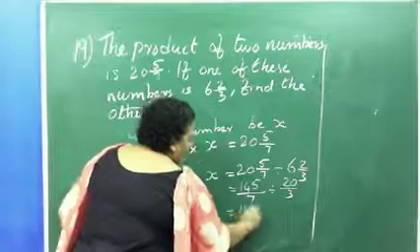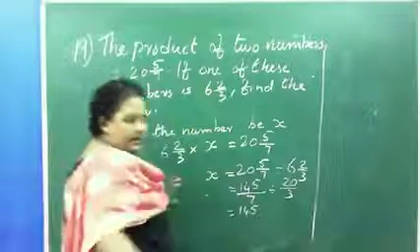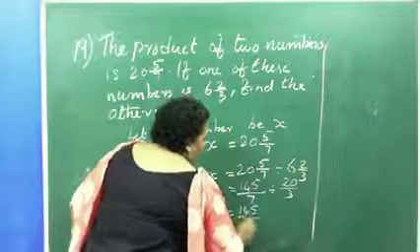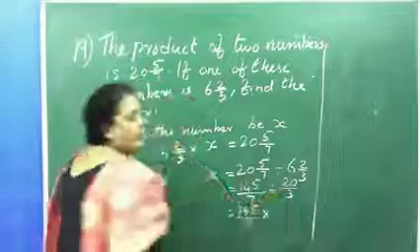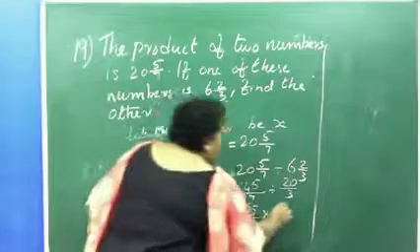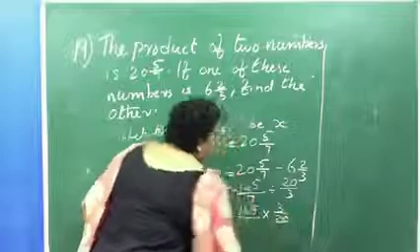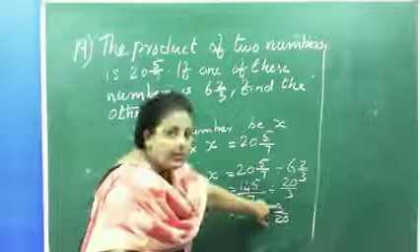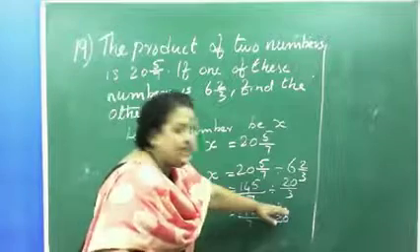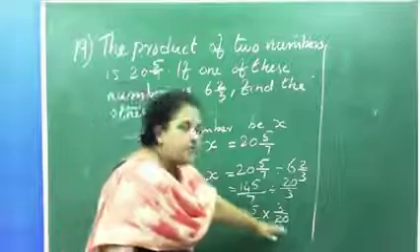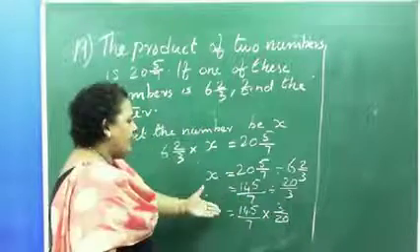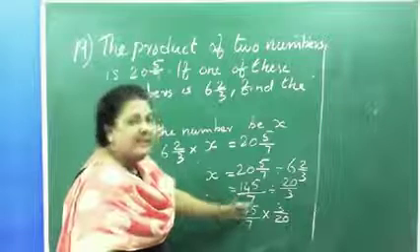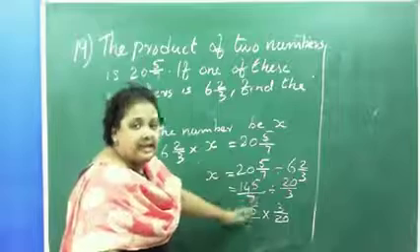So 145 by 7 multiplied by the reciprocal of 20 by 3, which is 3 by 20. Now either you can multiply the numerators and denominators and then reduce it, or otherwise you can reduce then and there itself. Here I am going to reduce here itself.